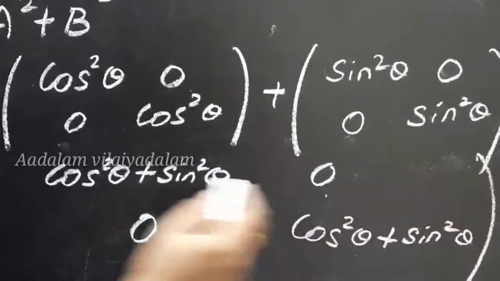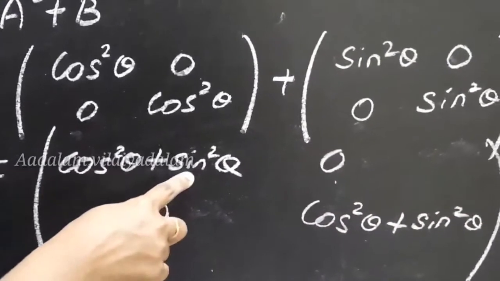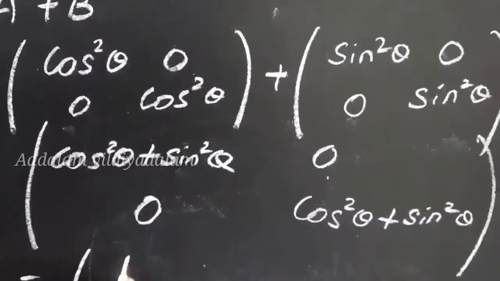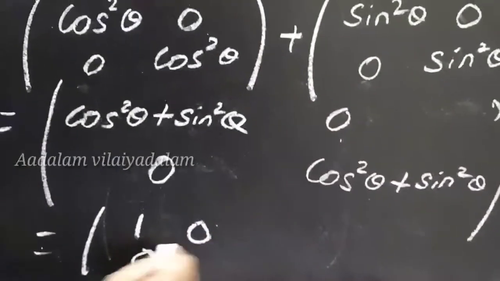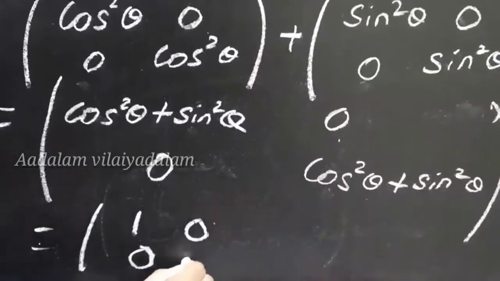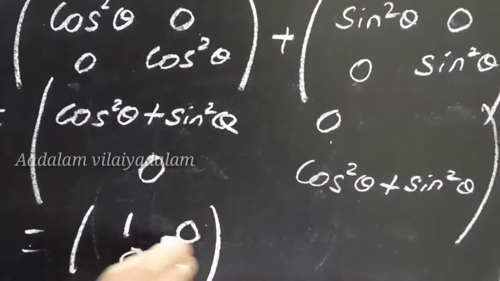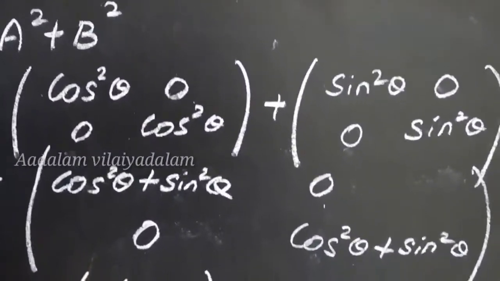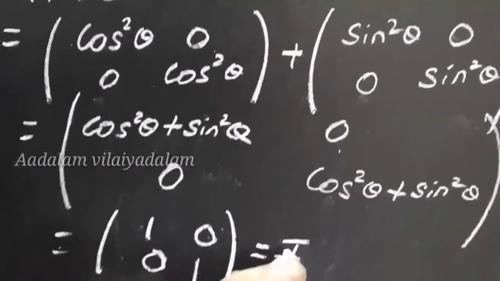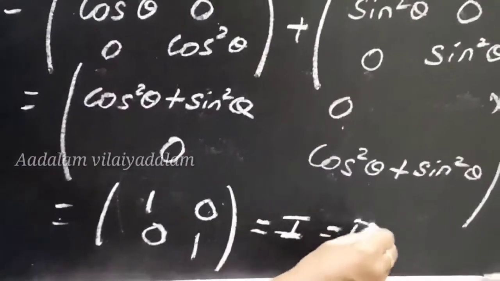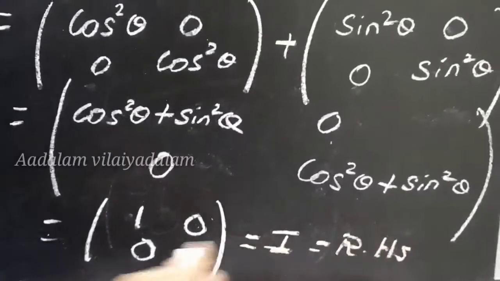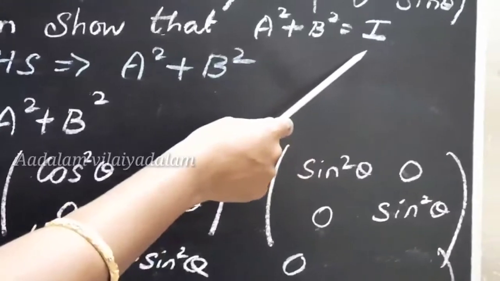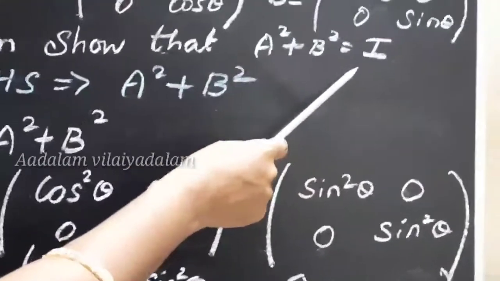So we know the trigonometry identity, sin square theta plus cos square theta, the value is 1. So 1, 0, 0. Here also sin square theta plus cos square theta, the answer is 1. So 1, 0, 0, 1 equal to I, unit matrix, the diagonal value is 1. So equal to I, therefore equal to RHS. So A square plus B square equal to I. I means unit matrix, the diagonal value is 1.